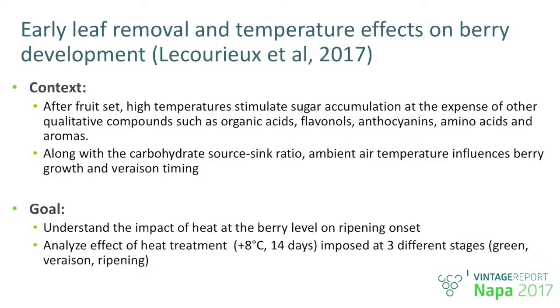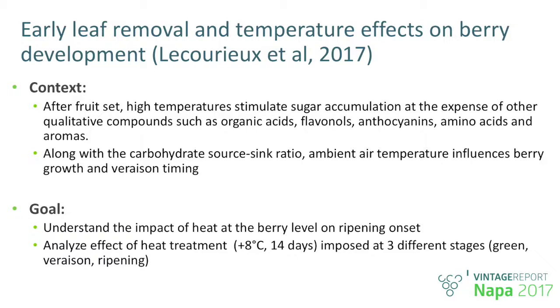So the context is that it's going to be more and more common to observe, after fruit set, conditions where high temperature will stimulate sugar accumulation rate, but that's going to be at the expense of other qualitative compounds, like the whole flavonoids family, alongside acids and aroma.